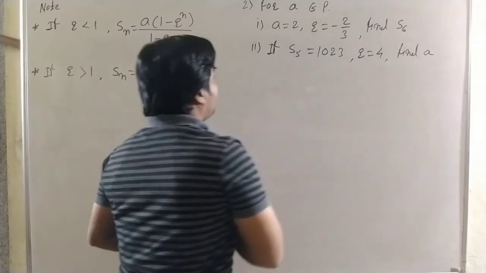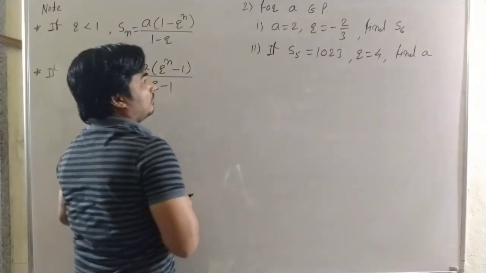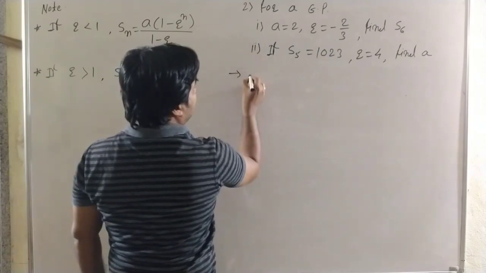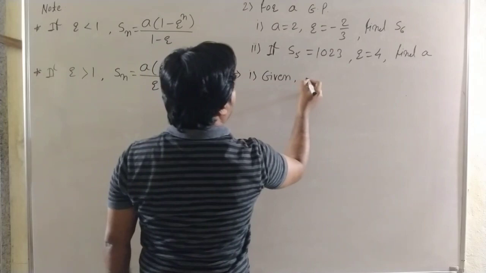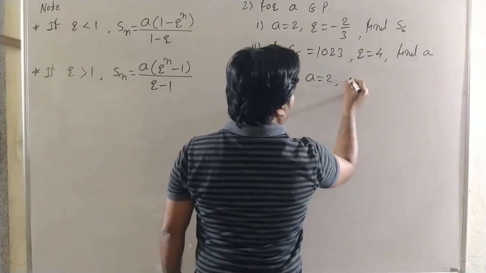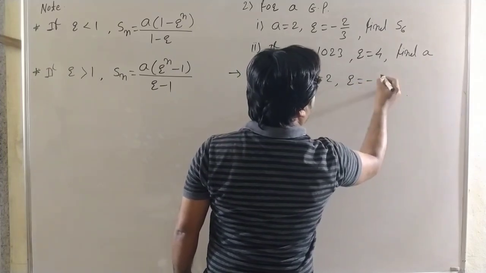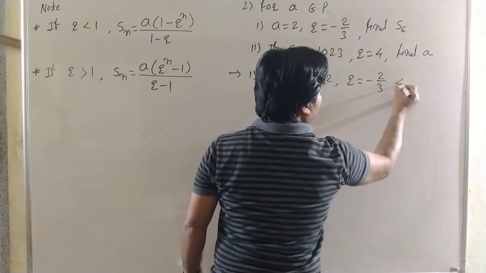Okay, here now we solve these 2 examples. Here in the first example, it is given a is equal to 2 and r is equal to minus 2 by 3, which is less than 1.